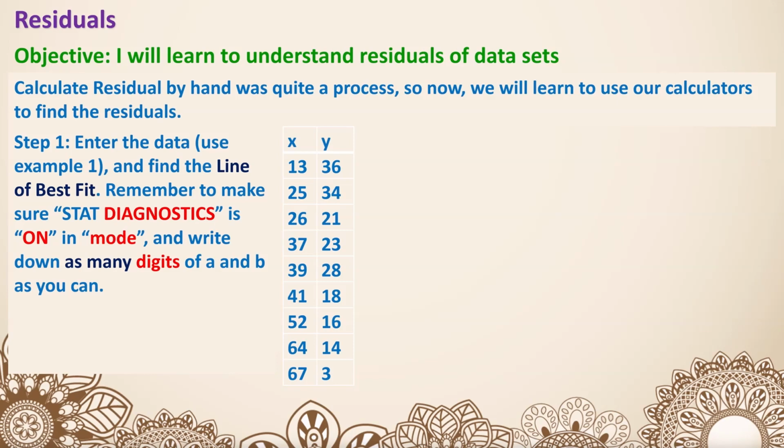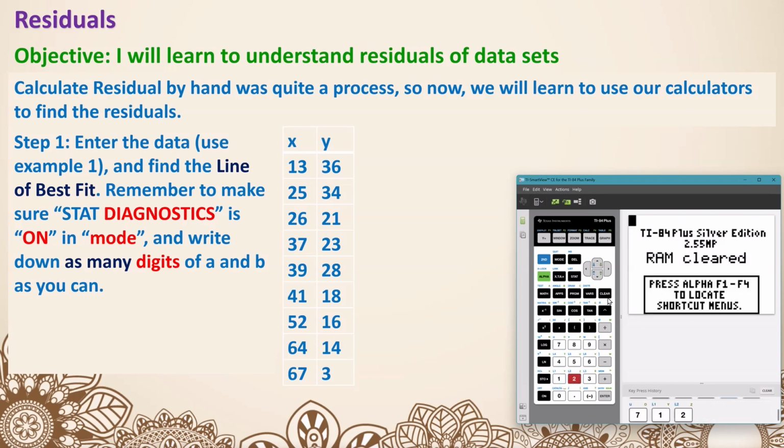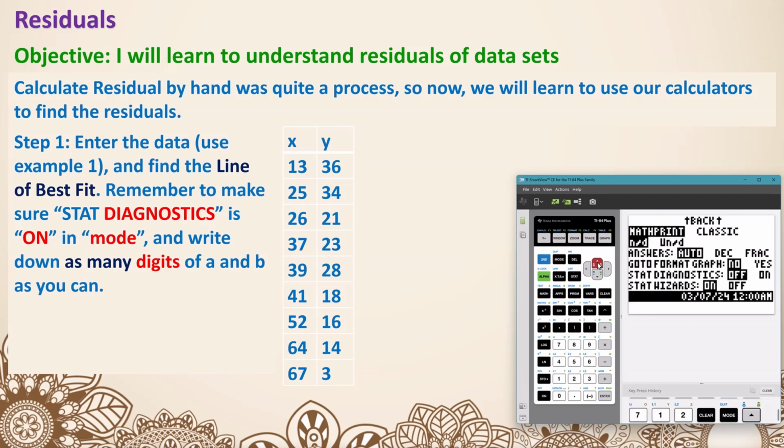So let's pull up a calculator and go through the process. There you go. Let me first clear my calculator. Second plot 712. And afterwards, I'm going to check mode and make sure my stat diagnostic is actually on. Press enter. There you go.